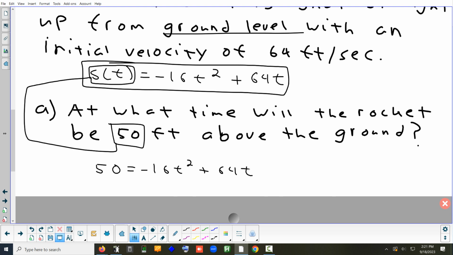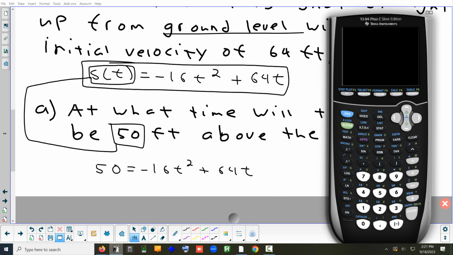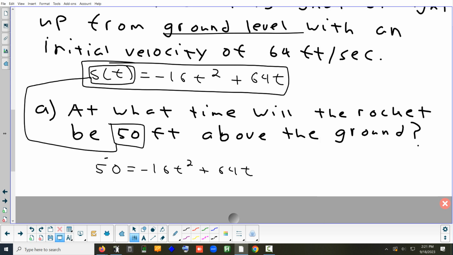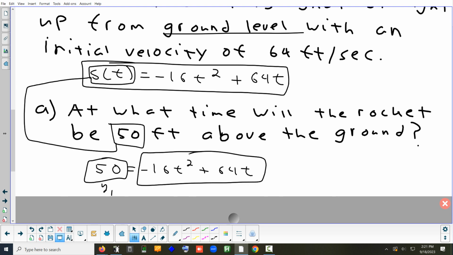From here, you could do exactly what we did in the sidewalk problem, or we can do it on the calculator. Okay, so to do this on the calculator, we need to put the left-hand side in y1, and I want you to put the right-hand side in y2.